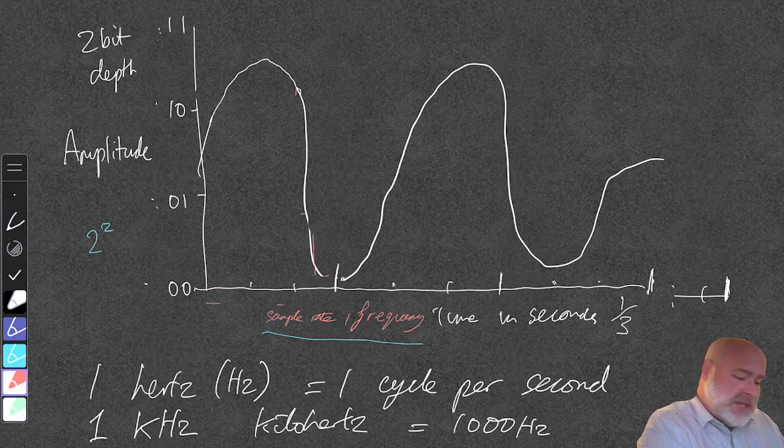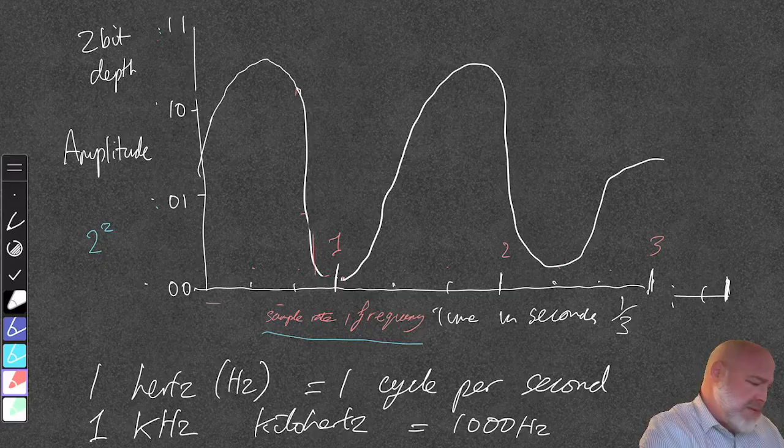And my sample rate or frequency, so for every 1 second, so let's say this is a 3-second sound clip. For every 1 second, I'm going to split it up into 3 and take a snapshot every third of a second. Obviously, real recordings do it much more than this, but this is just for illustrative purposes.